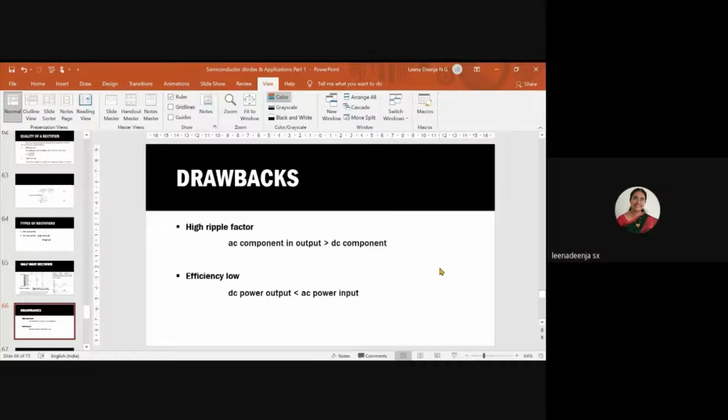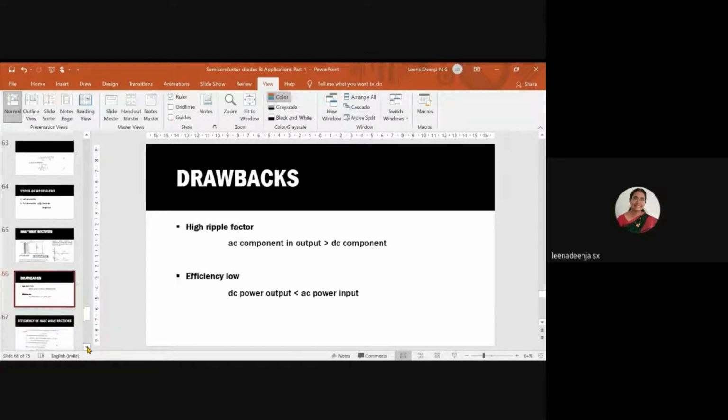But the AC component in the output is much greater than DC component in our output. And the second drawback is here the efficiency is very low. So DC power output is less than AC power input. So these two are the main drawbacks of half wave rectifier.